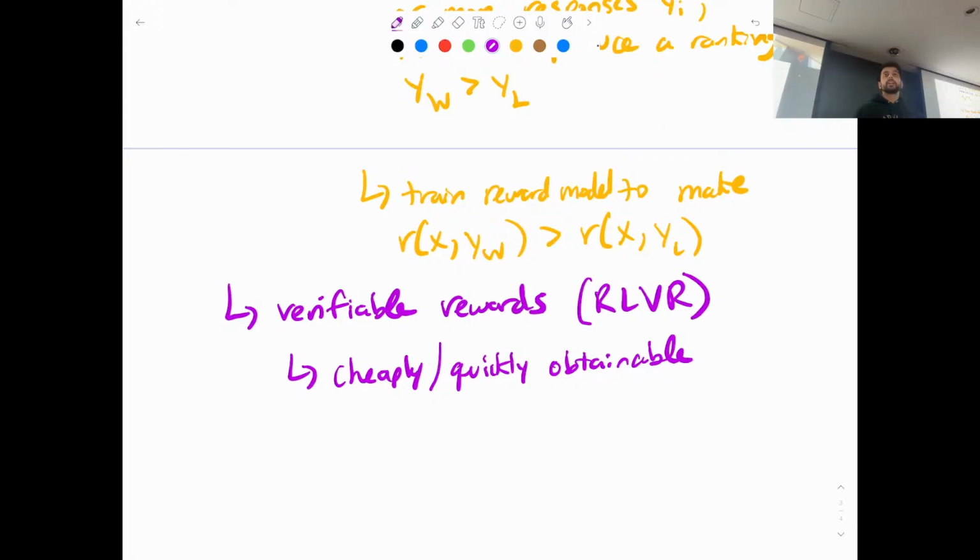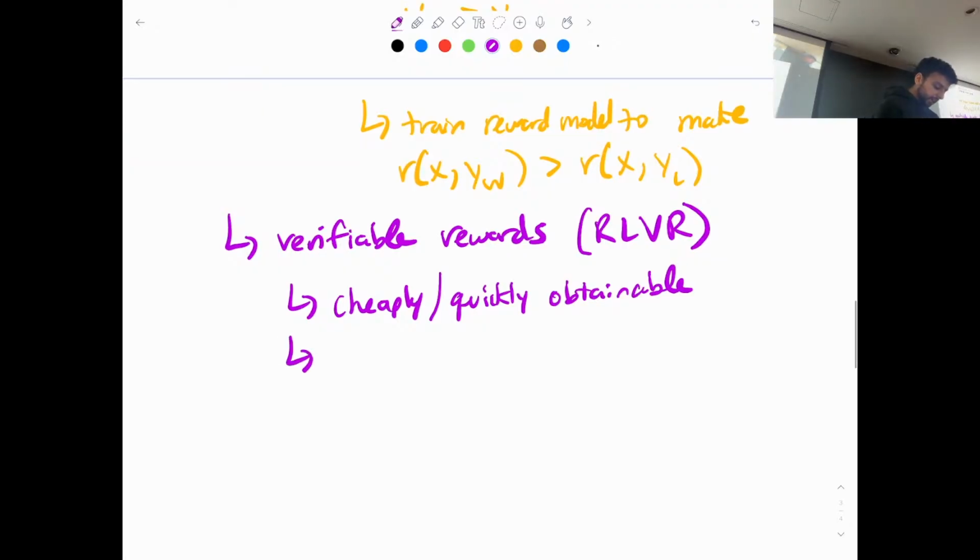okay, you generated this code, execute the code and see if there are any compiling errors, or execute the code and see if it passes these unit tests that I've written. Those could be more expensive to obtain, just because it takes a while to run the program, but still it's pretty cheap to write a function that gives you a 1 if it passed all those tests and 0 if it didn't.